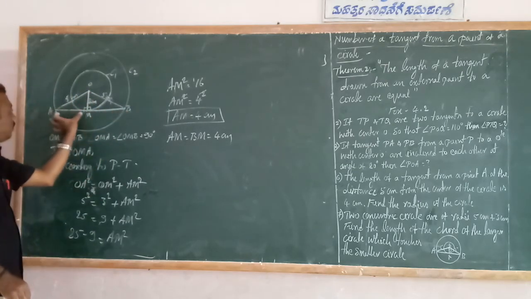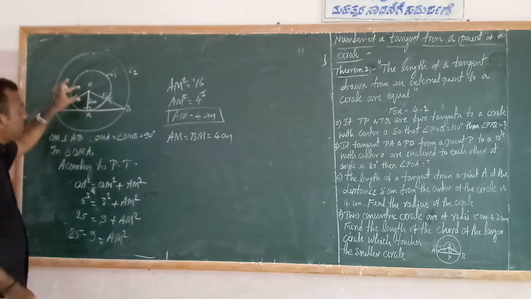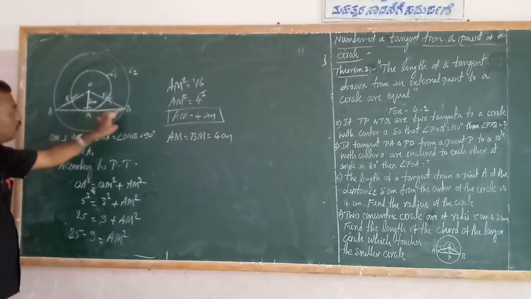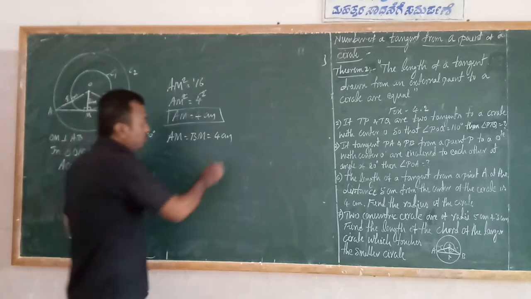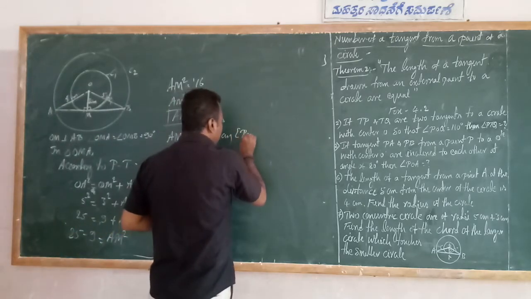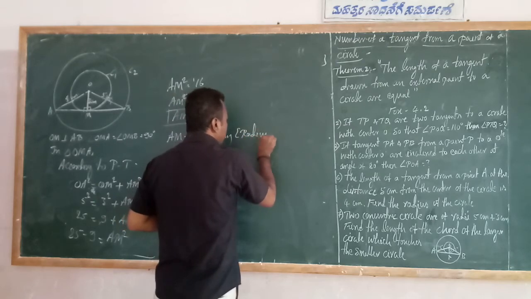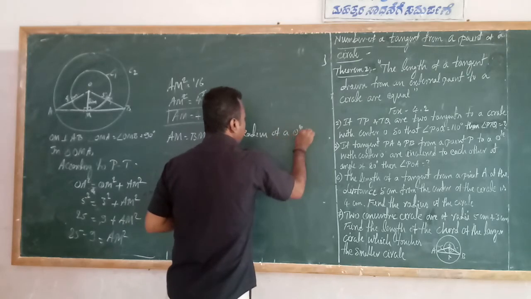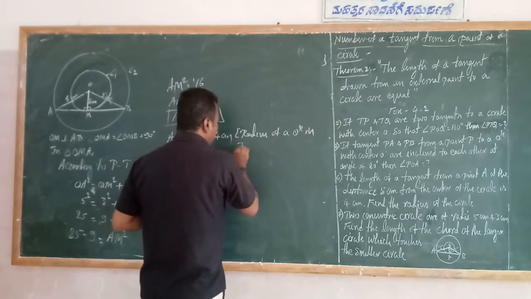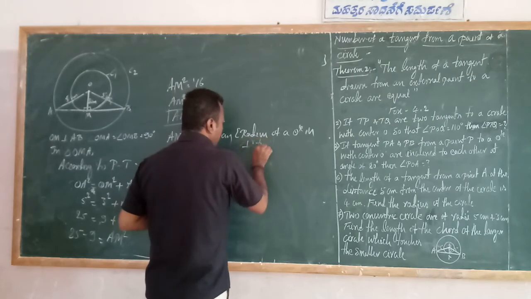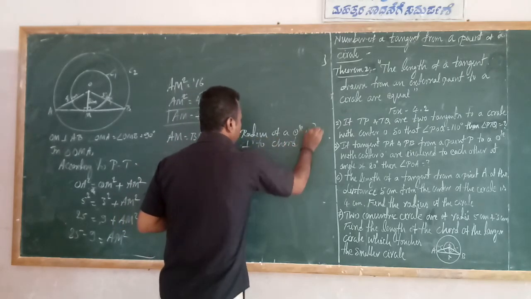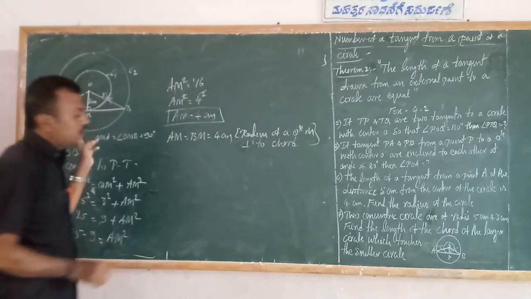That means AM is equal to BM. The radius of the circle is perpendicular to the chord, then the chord is bisected.